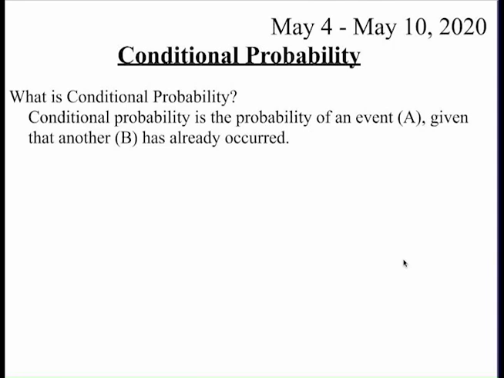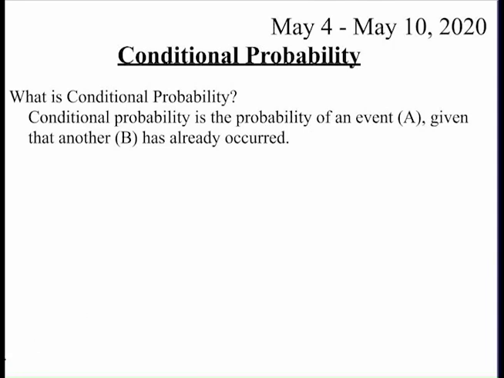Conditional probability is the probability of an event A, given that another event B has already occurred. That's the conditional part of it. The condition is that one event has already taken place, and you're trying to see, within that event, what the probability is that another event is taking place.